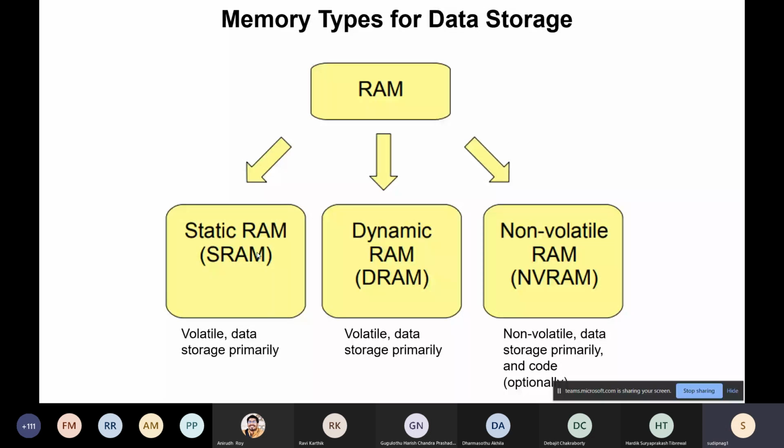Okay, so just one last point. Volatile memories can also be used for code storage as a secondary application. That means in certain processors, your code or instructions could be in flash or a hard disk or any other memory. And then for faster operation, you can bring a part of the code and store it in SRAM or DRAM and execute from there.